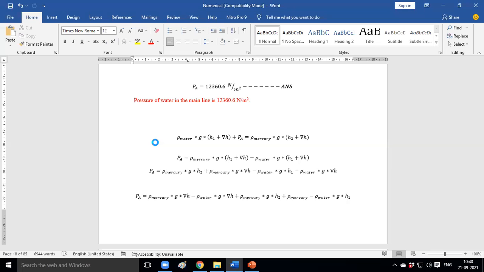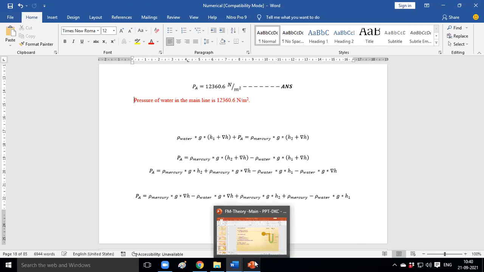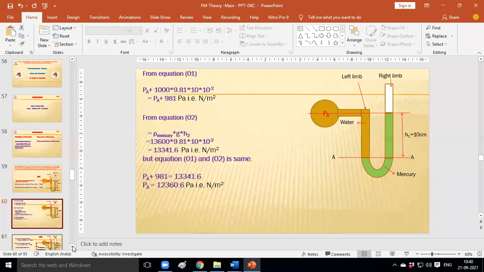This numerical we can modify in a slightly different way, that is, the pressure in the pipeline is reduced. I will show you the numerical.